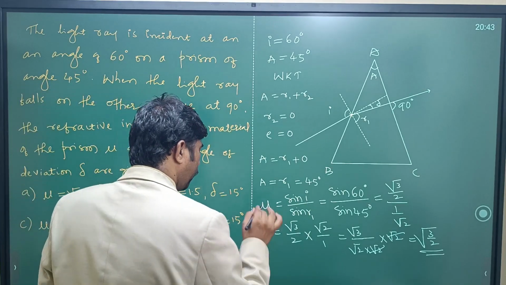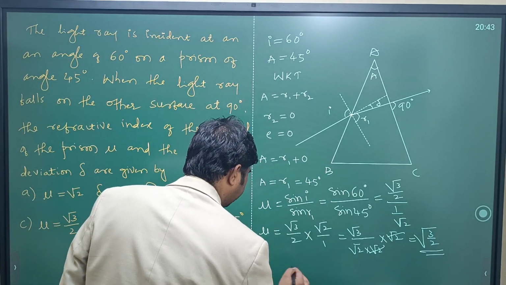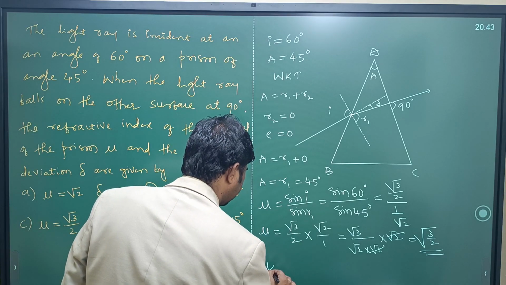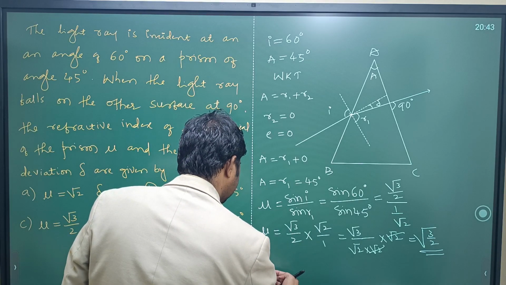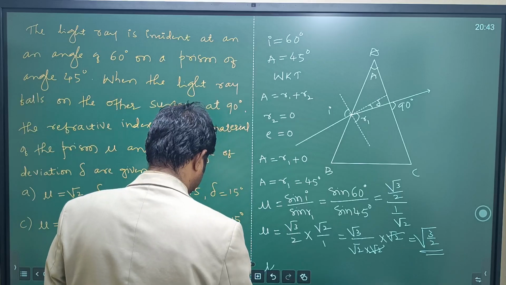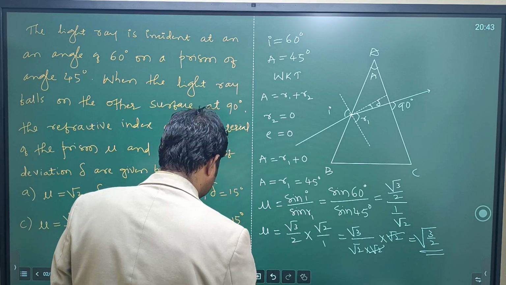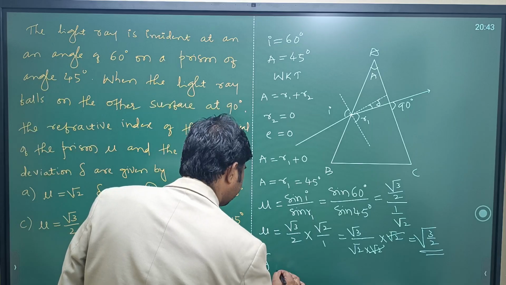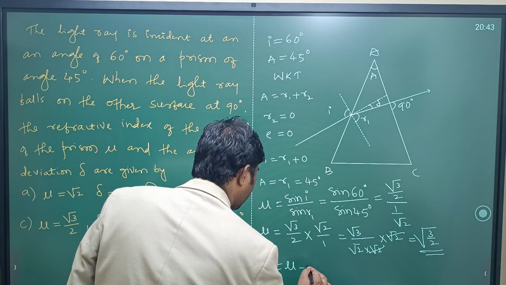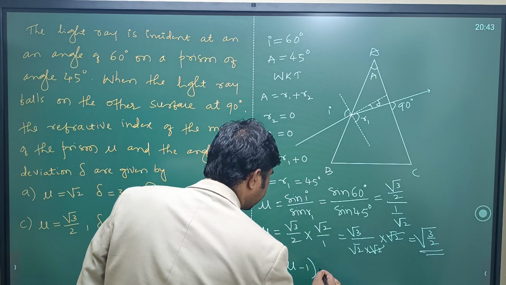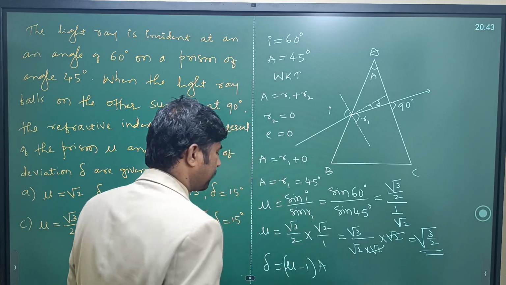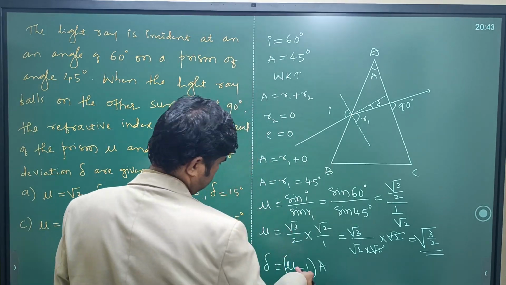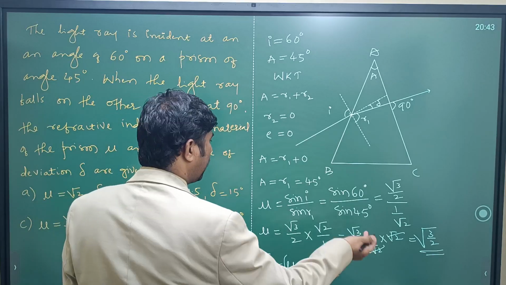Further we have the relation between refractive index and angle of prism, so you know that delta is equals to mu minus 1 into A, or you can go through, we don't know what that mu value is, you can substitute.